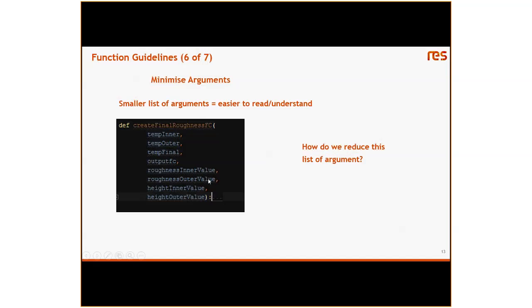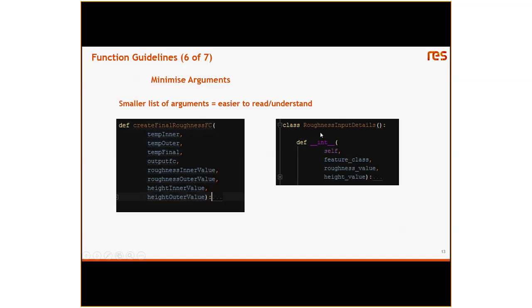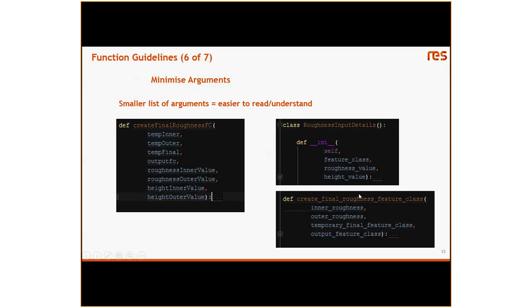We can create a separate class that contains those details. So when you're creating the class, you pass in a feature class, a roughness value, and a height value, and then you could pass instances of this class into the function. So you'd then be able to reduce the number of arguments coming in. You're passing an inner roughness that would give access to what we previously termed temp inner, roughness inner, and height inner.